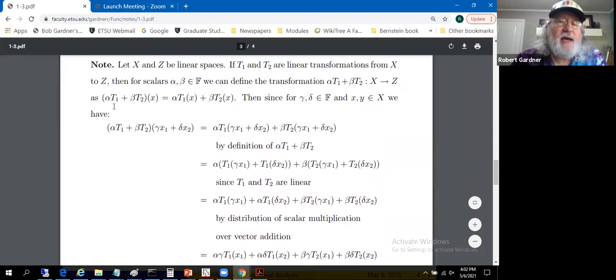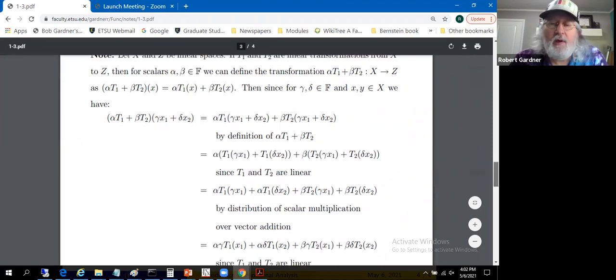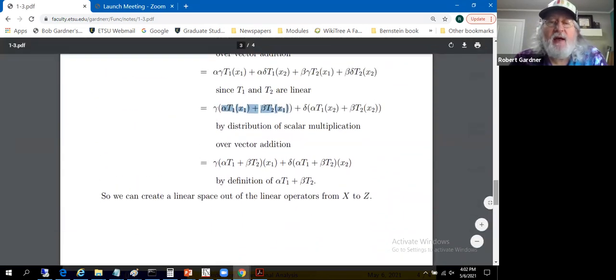That's exactly the definition we got here, except it's got x sub 1s instead of x itself. So to have alpha T1 of something plus beta T2 of the same thing is to have the linear combination of those linear transformations applied to the input. Well, that's exactly what we have.